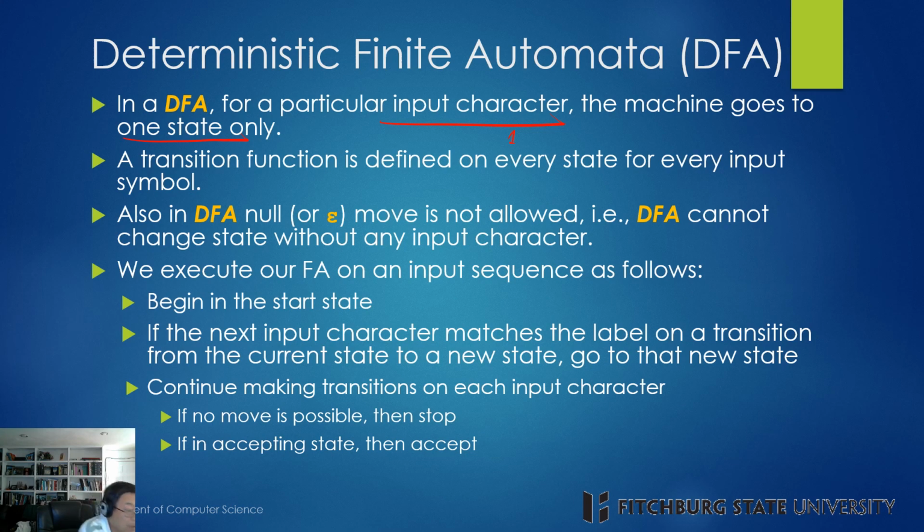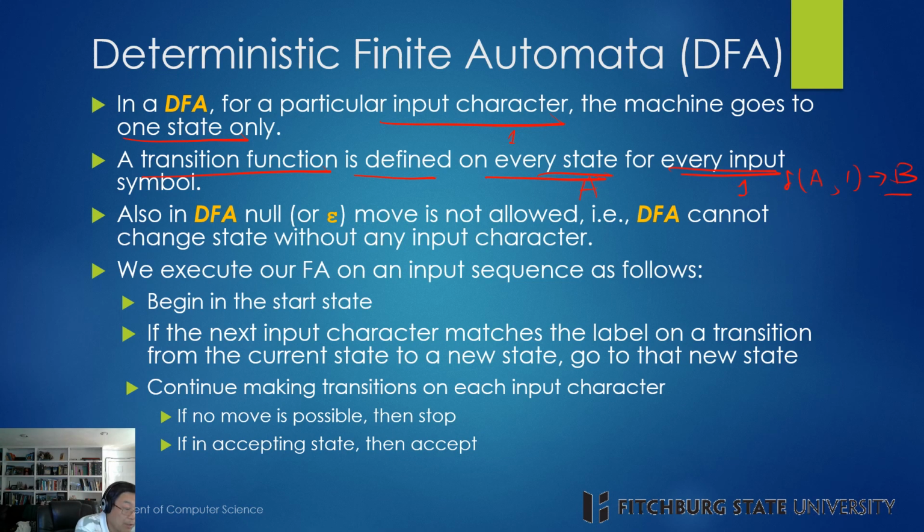So the transition function is defined on every state and every input. If the current state is A and the current input is 1, then delta has to define what the next state is. If it's B, then it's B. There's no ambiguity here.